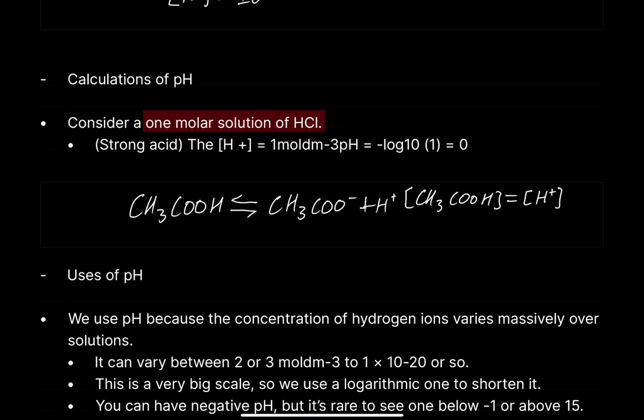Therefore, it doesn't fully dissociate in solution. Equilibrium is a bit to the right, but it's not anywhere near as far right as HCl, which is a strong acid. So most of the time, it will stay as ethanoic acid in solution, and there is a way to work out the H plus concentration from the concentration, which I will talk about in a later video. But it's just one thing I wanted to highlight.